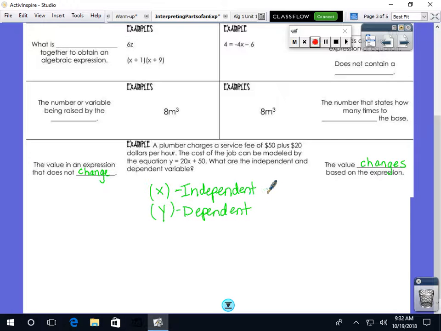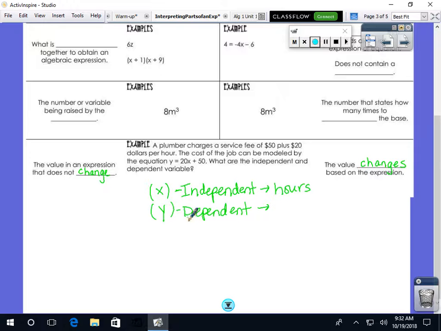But they want to know specifically, what does the x represent in this equation? If a plumber charges a service fee of $50 plus $20 per hour, wouldn't the $50 be the service fee? And this is $20 per hour. So the x is the hours. Hours are independent. They're going to work however long it takes to fix it.